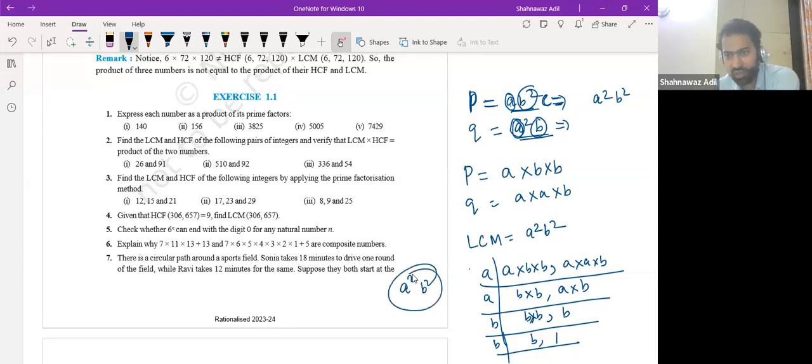Any method you choose works, right? Yes, sir. But this is the best one.